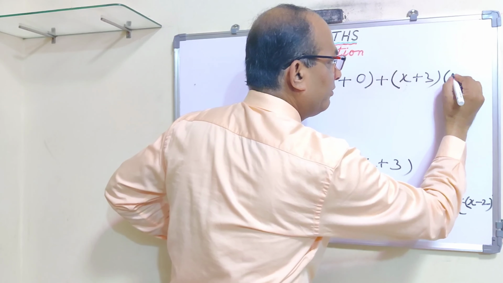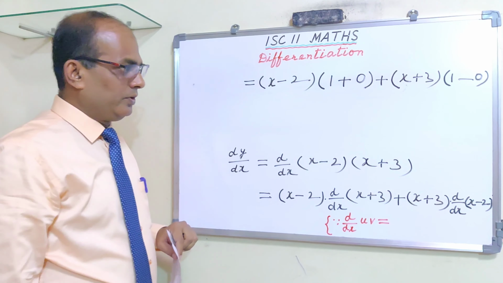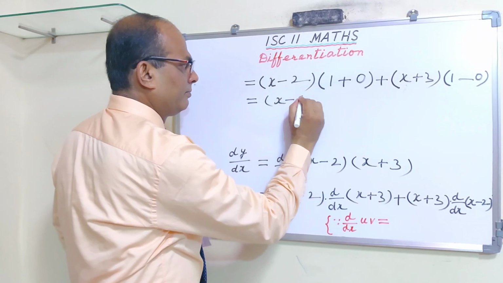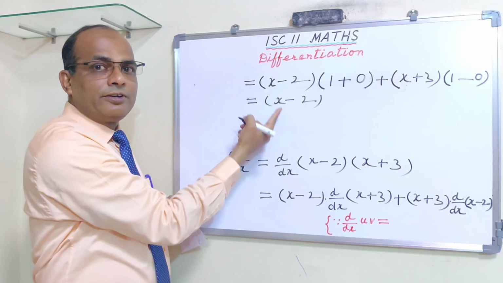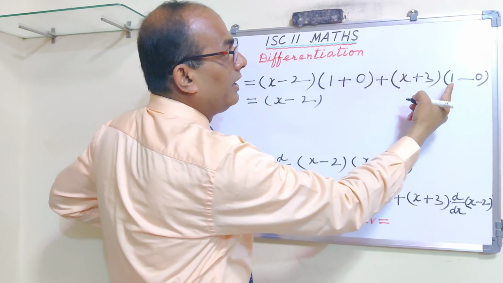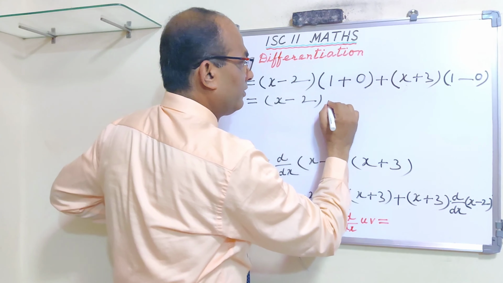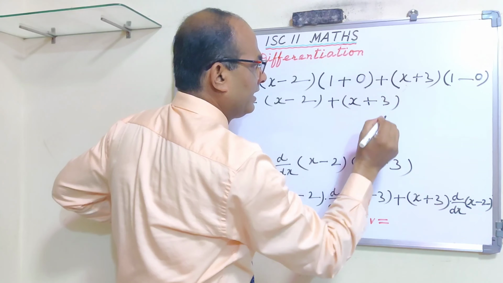Right, d dx of x is 1 and d dx of 2 is 0. And this gives you x minus 2. 1 plus 0 is 1, 1 multiplied by x minus 2 is x minus 2. And here again 1 minus 0 is 1, 1 multiplied by x plus 3 is x plus 3. So we get x plus 3.